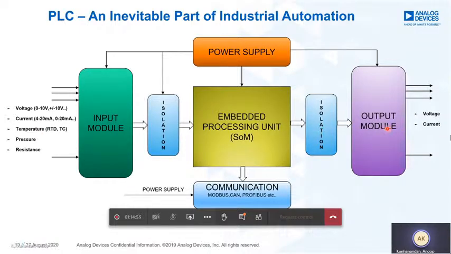A similar case with the output module as well. To generate voltage and current based on the computation that happens within the processing unit, you need a fixed set of hardware and software to deal with it, which is quite complicated, isn't it? You have about 5 to 10 types of variables, and you need different hardware inventory to address each of these modules, which is complicated.